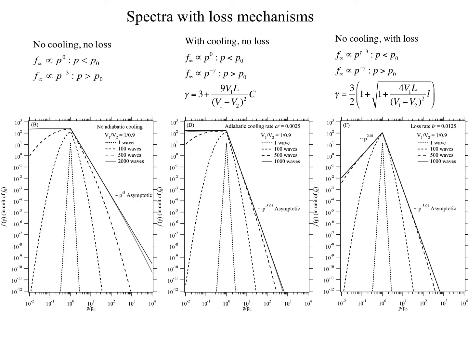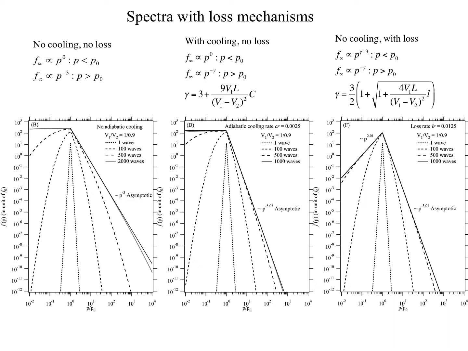Often, in the solar wind, there is an adiabatic cooling effect. With the cooling going on, the spectrum does not become a p to the minus 3 spectrum.